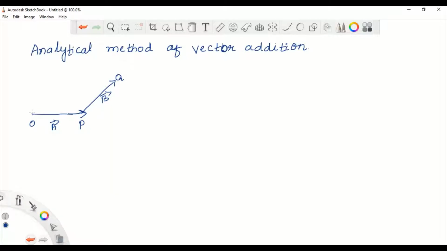Okay. So this will be our resultant. So R vector is equal to A vector plus B vector.